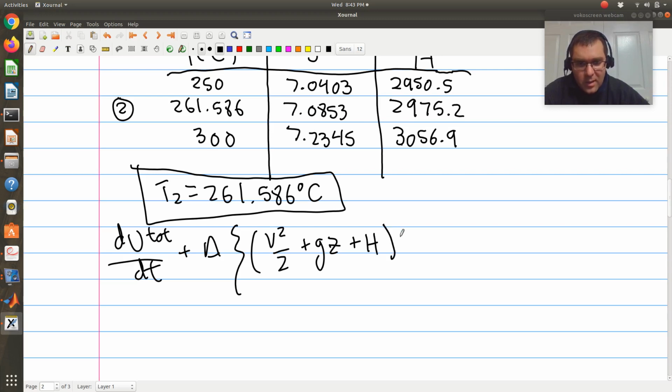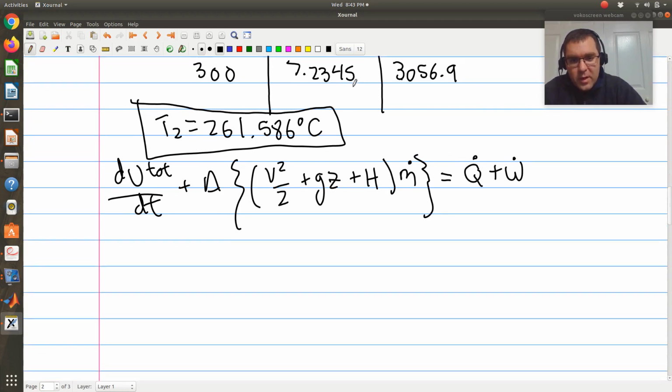Again, enthalpy, not internal energy, because I need to account for the work of that fluid element displacing the fluid element in front of it. If H is my specific enthalpy, multiplied by my mass flow rate, energy per mass times mass per second, H times m dot gives me the correct units of energy per time. And that's going to be equal to Q plus W.